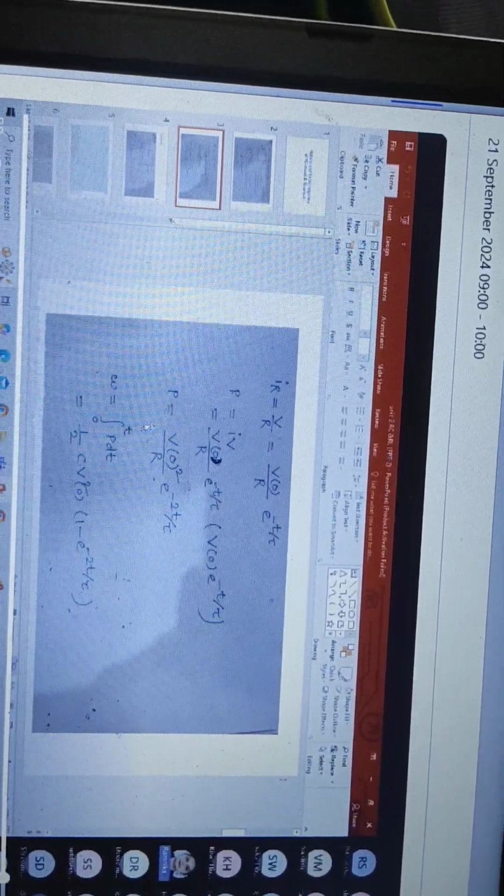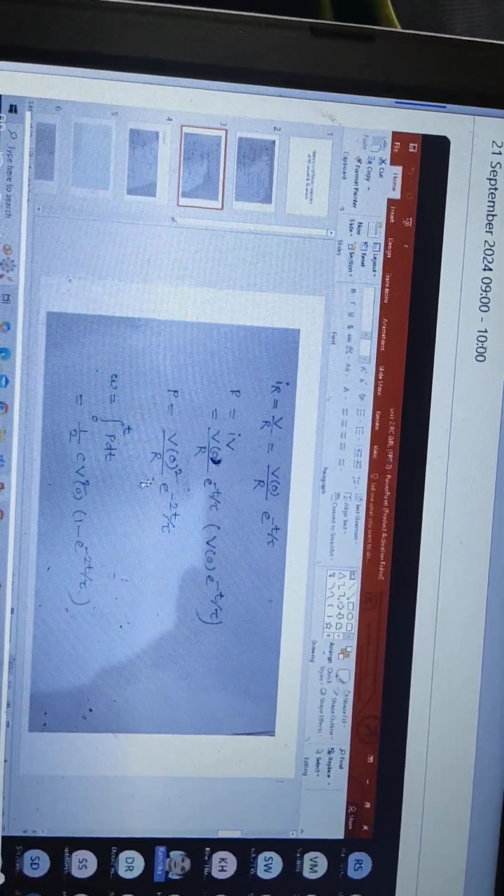Multiplying both, the power becomes V0 squared divided by R times e to the minus 2t divided by tau, since the exponential appears twice. Now to get the energy, integrate the power from 0 to t. It becomes one half C V squared times 1 minus e to the minus 2t divided by tau. So this is our energy.